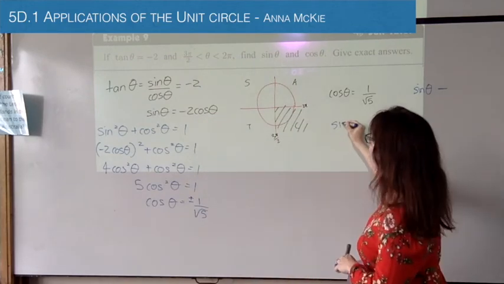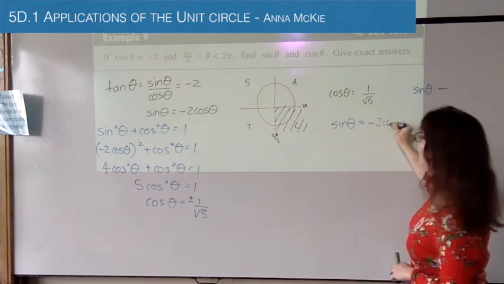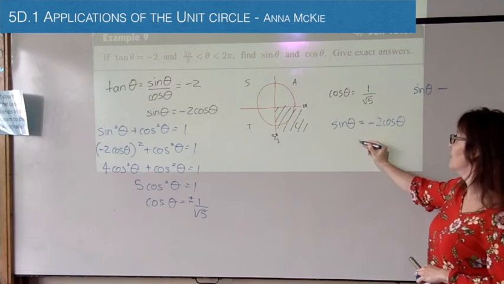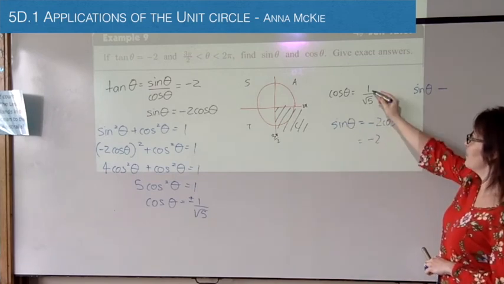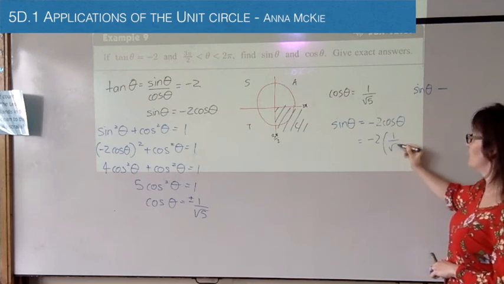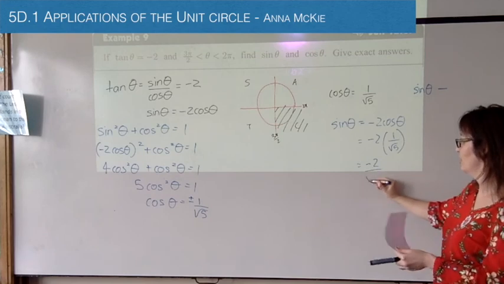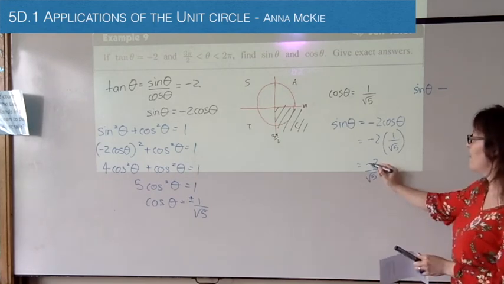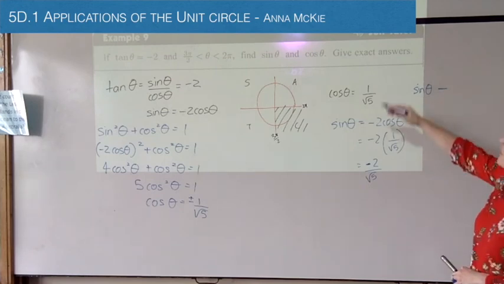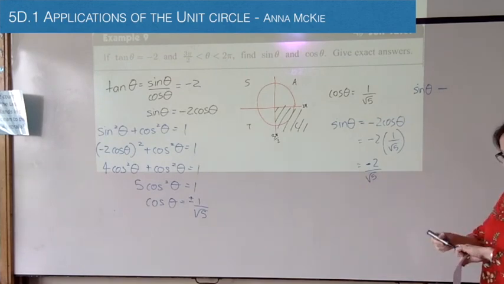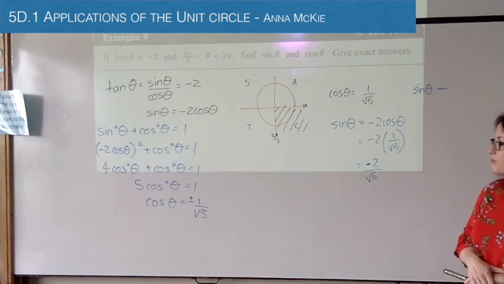So we've got sine of theta is equal to negative 2 lots of cos theta. Well, I know what cos theta is. So I'm going to substitute in 1 on root 5 to work out that sine is negative 2 on root 5. And that matches with what I thought, that sine was going to be negative. Have we finished the question? Yes, make sure you give exact answers, which is keeping in the surd form.